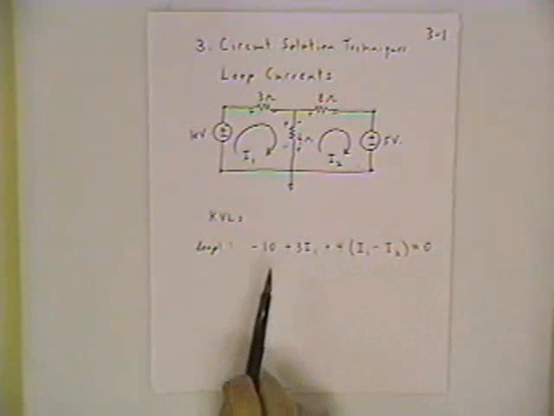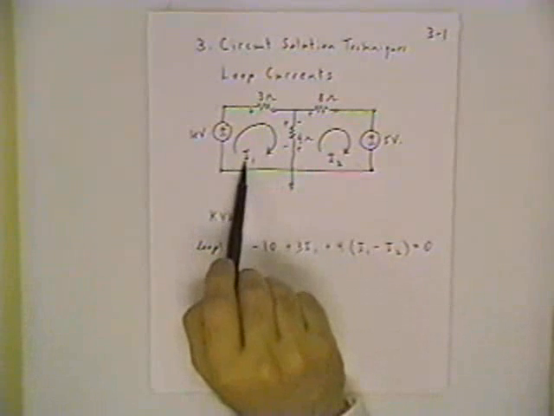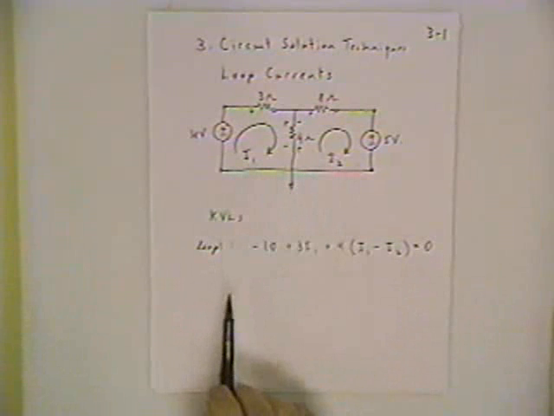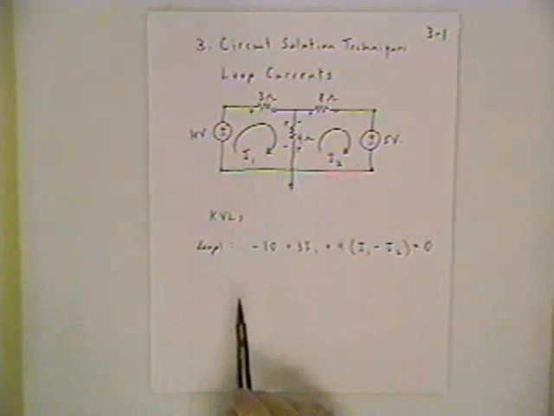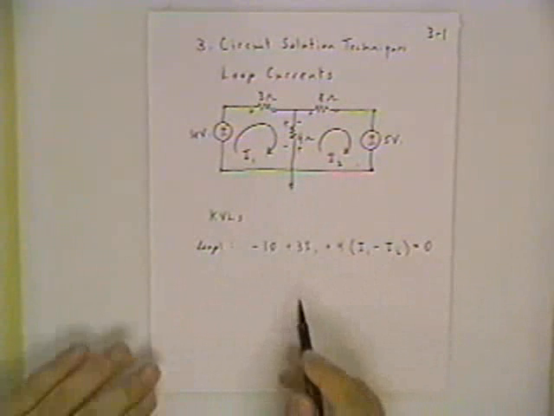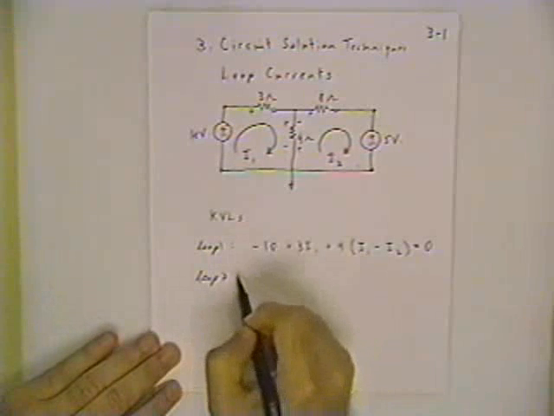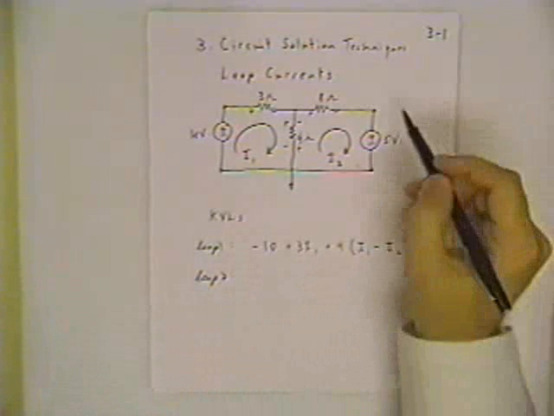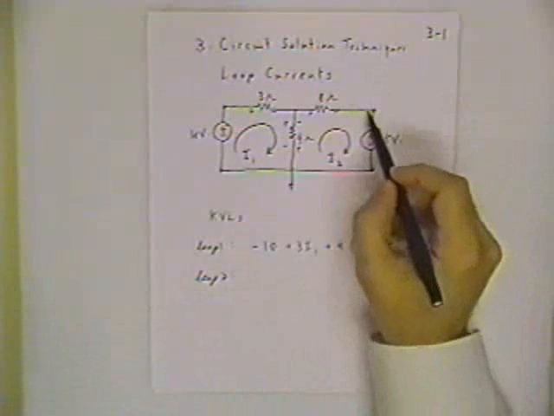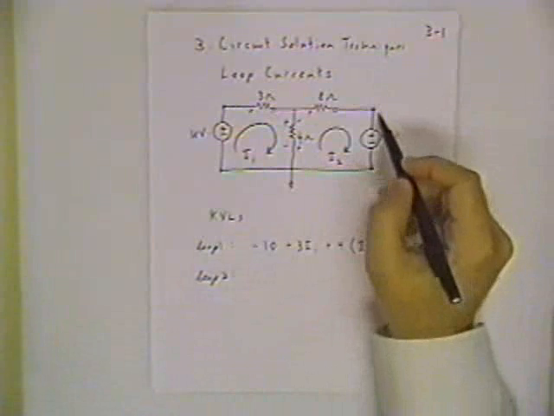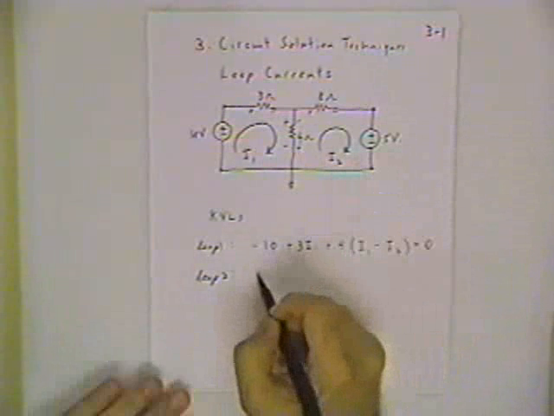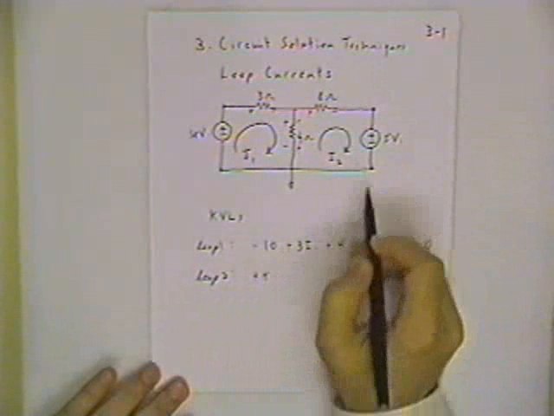Now you know from basic algebra that if we have 2 unknowns, I1 and I2 are the 2 unknowns, then I need 2 equations. So this isn't quite enough. We need a second equation. The second equation would come from loop number 2. Let's start at this node and go around clockwise through this loop. I bump into a positive terminal, so plus 5.